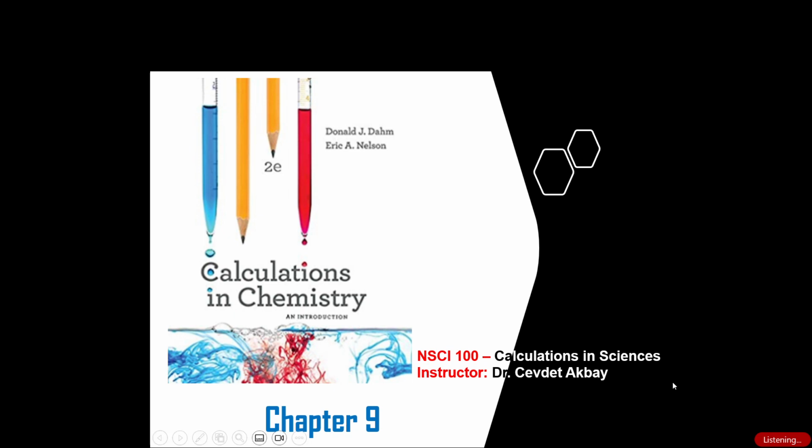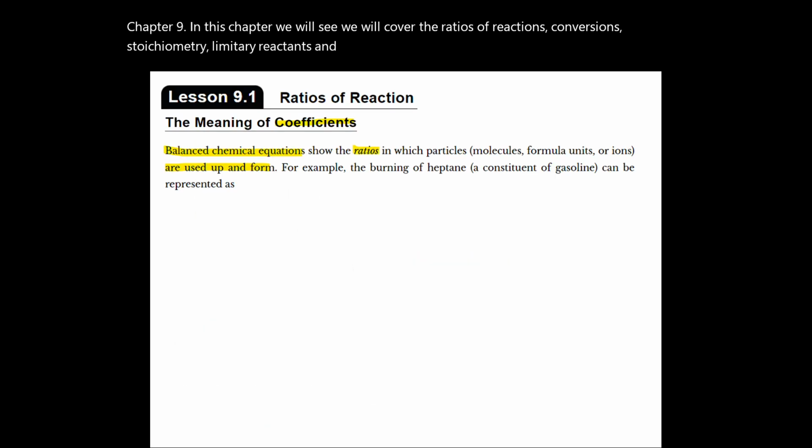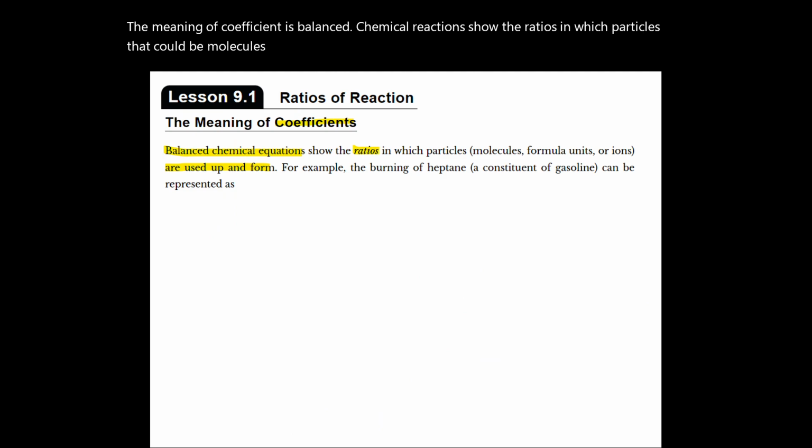Chapter 9. In this chapter, we will cover the ratios of reactions, conversion, stoichiometry, limiting reactants, and limiting reactant calculations. The meaning of coefficients is that balanced chemical reactions show the ratios in which particles, which could be molecules, formula units, or ions, are used up and formed.